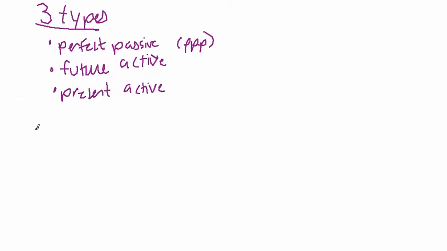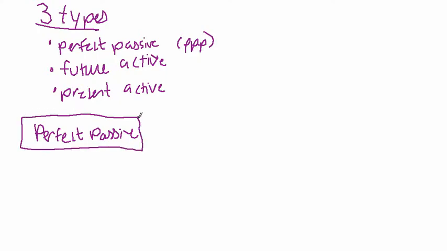Let's go through the perfect passive first. Perfect passive. I'll box that off. So, all you have to do is take your 4th principal part, cross off the us, and add your first and second declension adjective endings to match the noun that the participle is modifying.